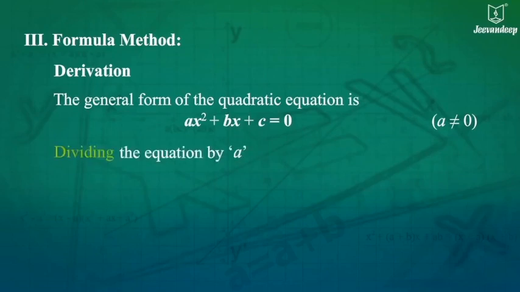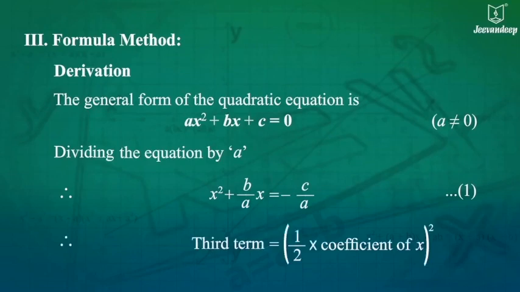Dividing the equation by a, we get x square plus b upon ax plus c upon a equals 0, or x square plus b upon ax equals minus c upon a.